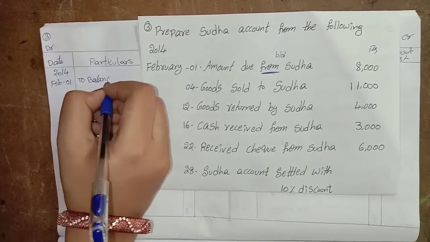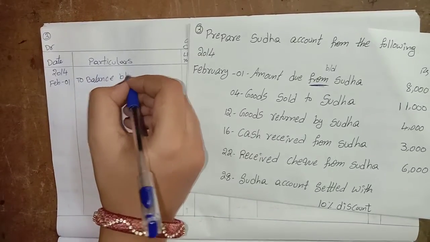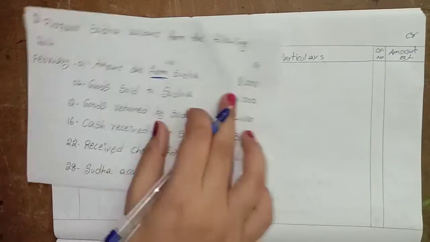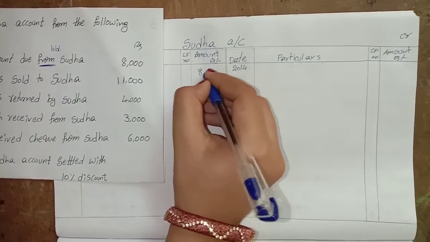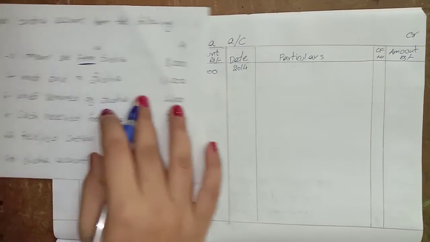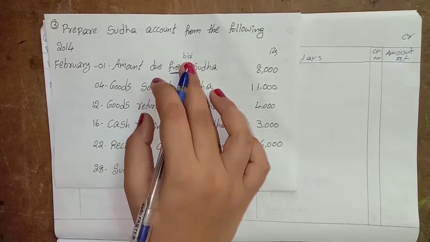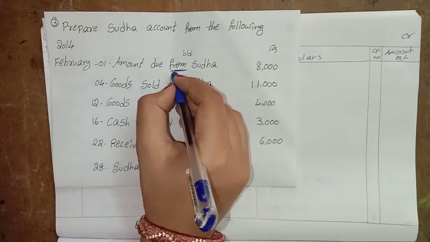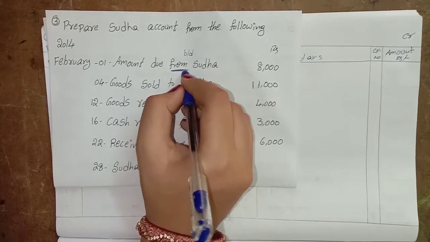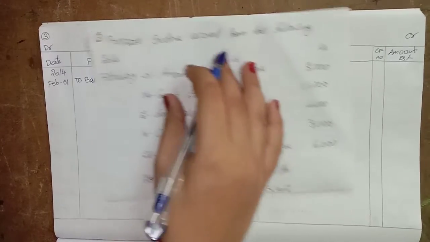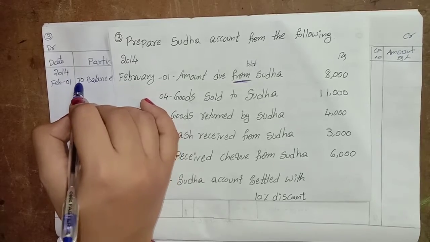To balance brought down. This amount has been taken from the last month carried down amount. Here it is written as from, so we have to enter it in debit side.